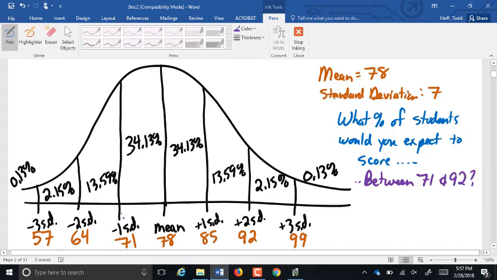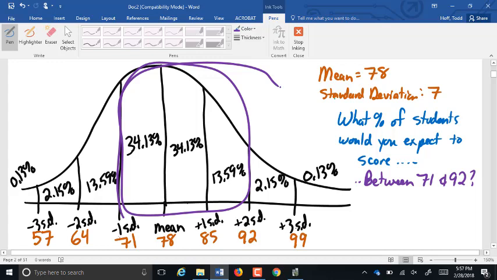Well, here's 71 right here. This is 92. If I add up those percents, I get 68.26, 81.85%, it looks like. If I add up those 3 percents there.